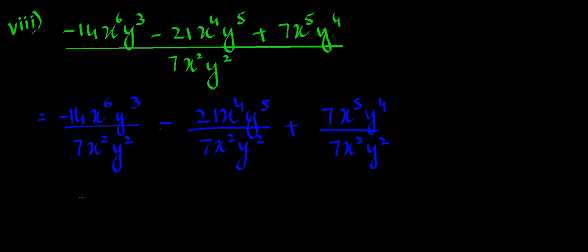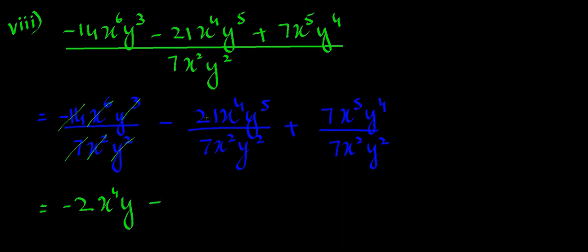That's equal to 7 1 times, 7 2 times. Only one negative number, it will continue the negative sign. 6 minus 2 gives me x raised to 4. 3 minus 2 gives me y raised to 1.